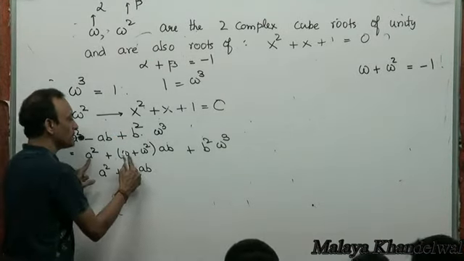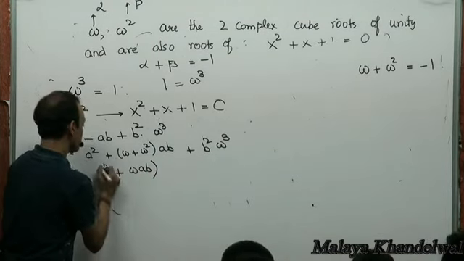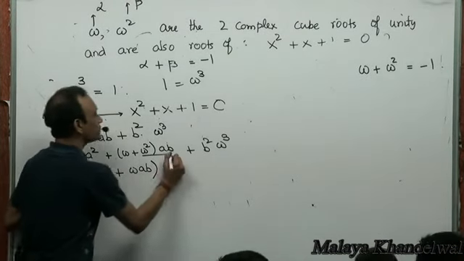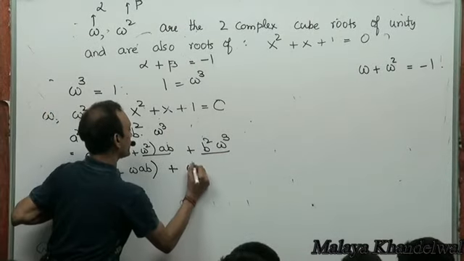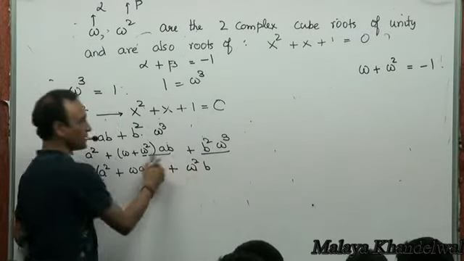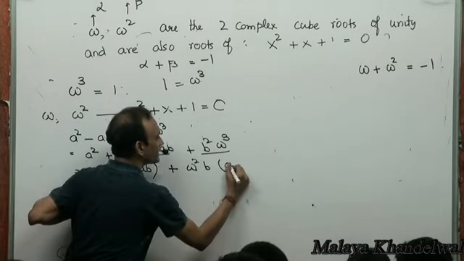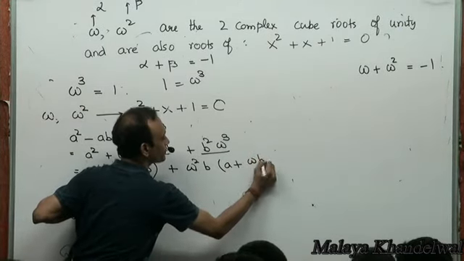So a squared plus omega ab plus, now this term and this term I combine and I take omega squared b common from this, so I get a plus omega b.